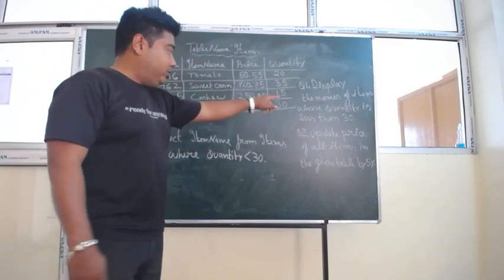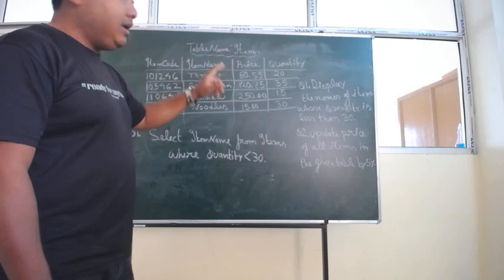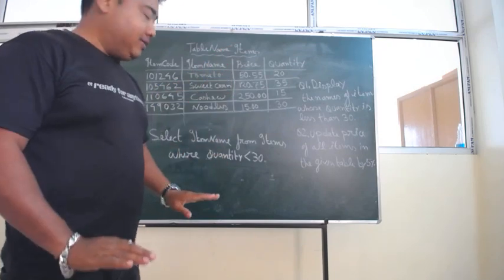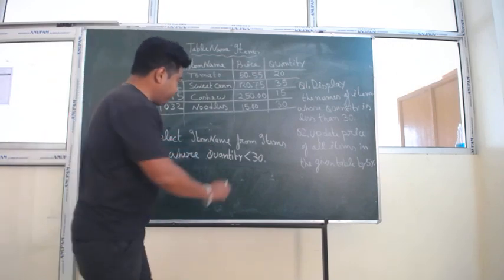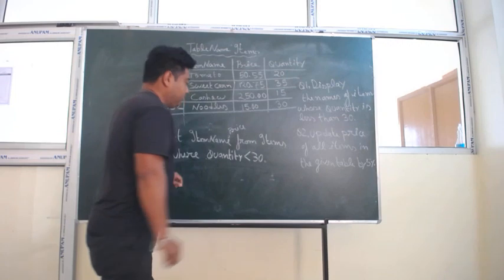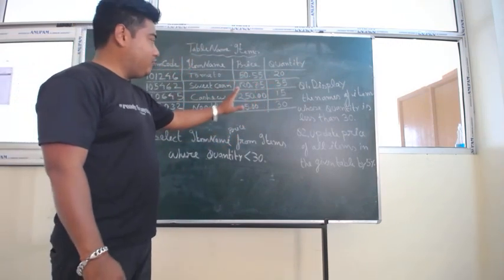Suppose in the question it is written display the names of item and price. Then we have to write item name, comma, price. But here it is not like this. Here it has directly asked for only the item name.